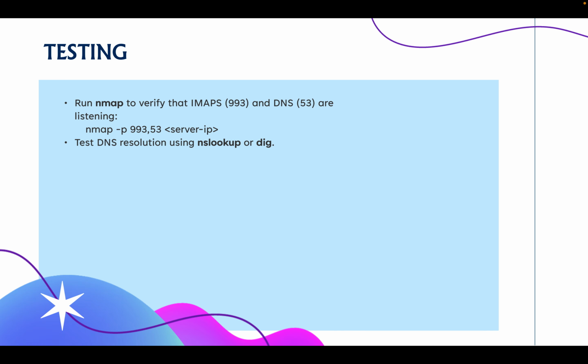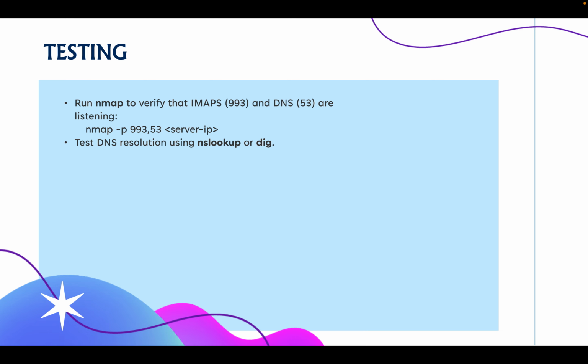So to test all these, just to review, we would run nmap to verify that IMAPS is on port 993, and for DNS, that port 53 is listening. That's what we want to look for on the nmap runs, and then we can also test DNS using nslookup or dig.